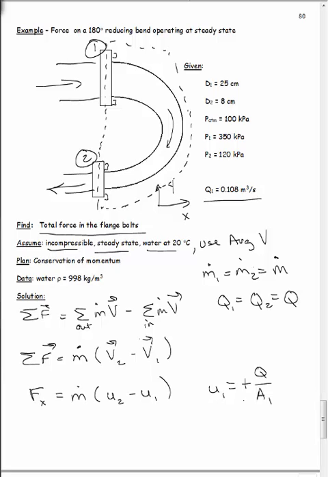Now be careful when you're finding velocities, your A has to match where your u is, and that is going to equal V1. u2, it is going in the negative x direction, so minus q over, and again these have to match, the A has to match the u, so don't put A1 there like I just did, and that's your V2, only minus V2 if V2 is our average velocity without direction.